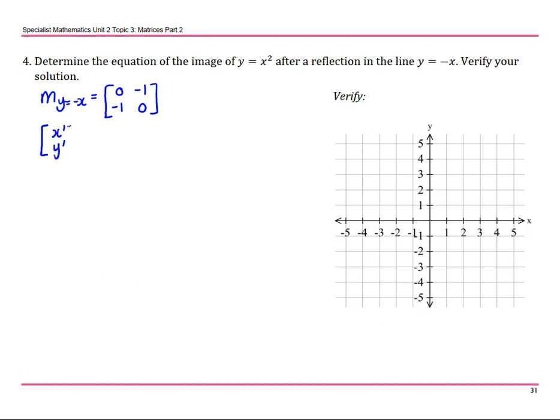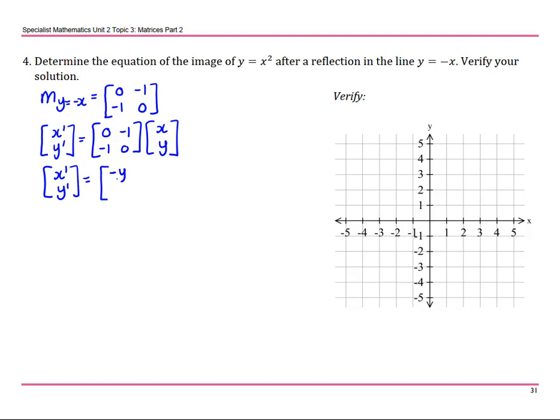So write out our matrix equation. So that means cross the row down the column.